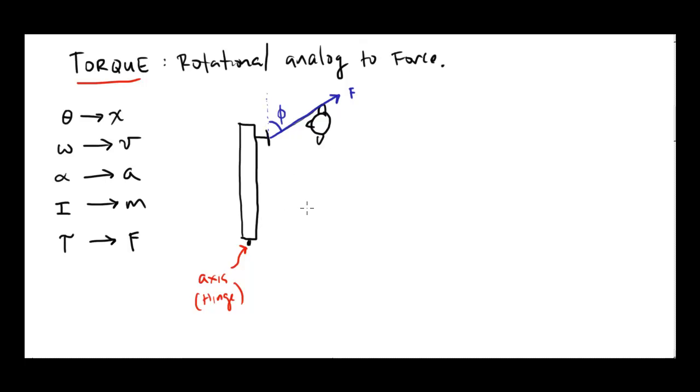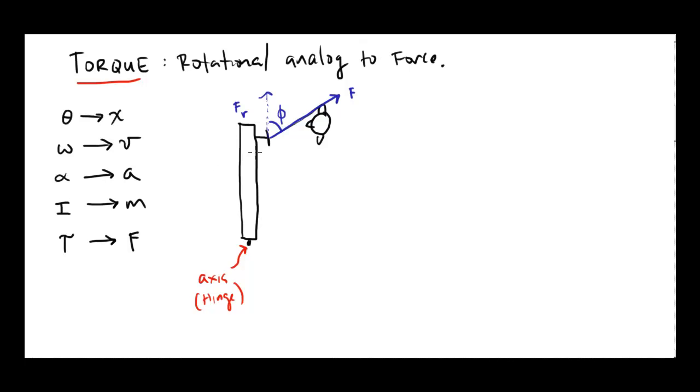And maybe it's obvious that if you pull on the door in this manner, not all of your F is going to open the door. There's a component of F right here that we call the radial component of F. It's along the radius of the door. As this door swings in a circle, the door itself acts as the radius of that circle.